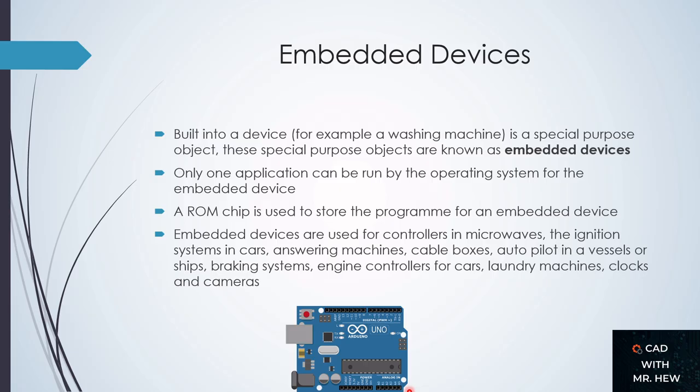A RAM chip is used to store the program for an embedded device. Embedded devices are used for controllers in microwaves, the ignition systems for cars, answering machines, cable boxes, autopilot in vessels or ships, braking systems, engine controllers for cars, laundry machines, clocks, and cameras.